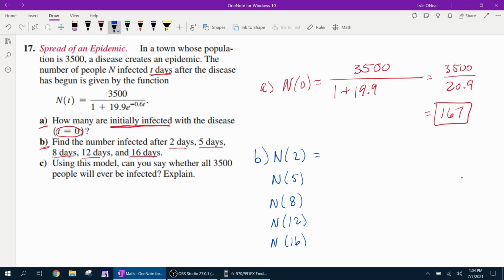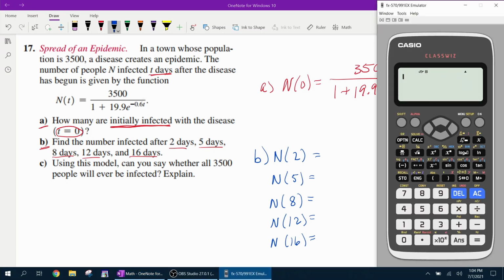Now with our handy dandy Casio, this is going to be super easy, barely an inconvenience. Let me show you how easy this is. First, we're going to start with a fraction. We've got 3,500 over, and then we're going to input the rest of this function here. 1 plus 19.9 e to the, which is shift ln, e to the negative 0.6 times t.